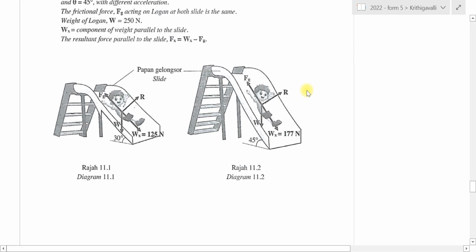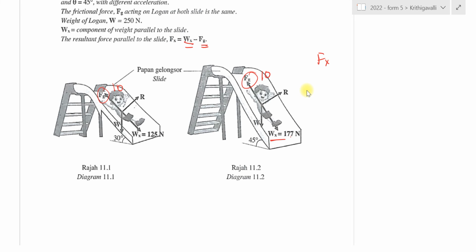Second point, compare the Fx. Okay, Fx, mana Fx? Oh, Fx is the Wx minus the Fg. So since the Fg is same here, for example, let's say the 10 is the frictional, 10 also the frictional. Okay, take note, Fx is equal to Wx minus Fg, frictional force.